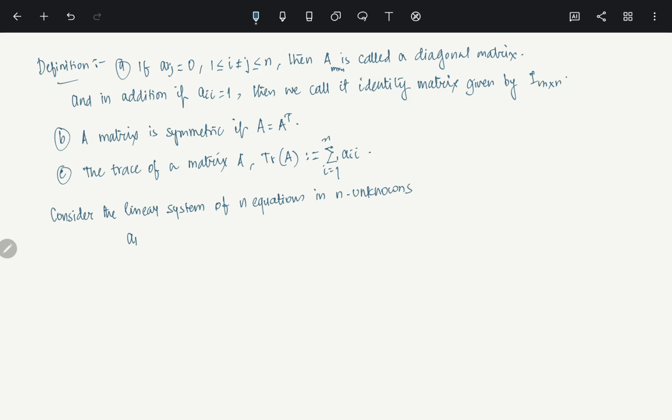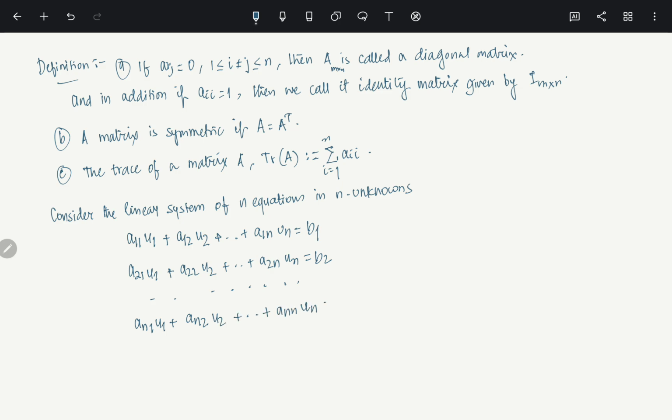How does the equation look? a11 u1 plus a12 u2 plus a1n un equals, let's say, b1. a21 u1 plus a22 u2 plus a2n un equals b2, and it goes on like this, and lastly an1 u1 plus an2 u2 plus ann un equals bn.